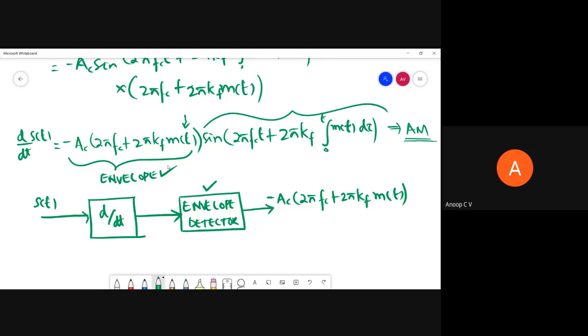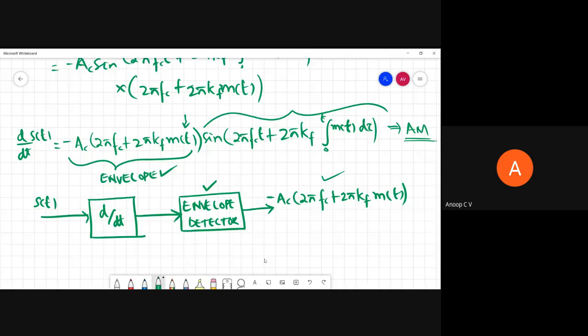What we can do is try and find out the condition for not having phase reversal. This is the envelope we'll get, but to get this envelope as such, there should not be any phase reversal.